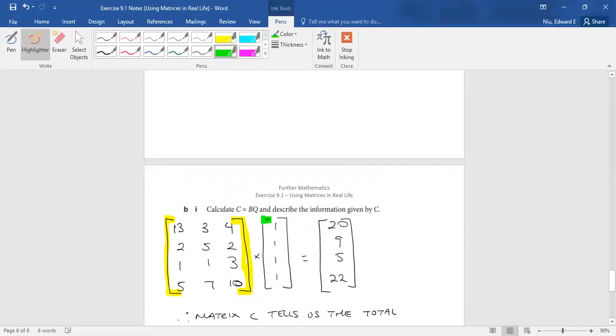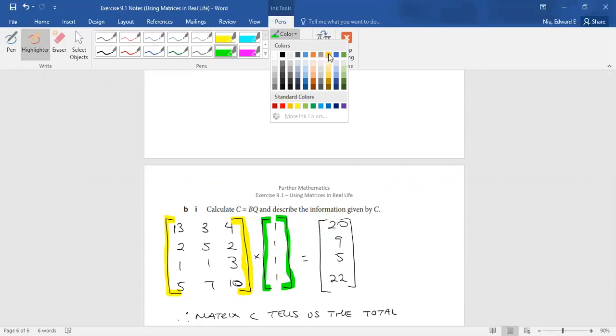We multiply these two in that exact order because remember the order matters, so it's not Q times B, it's B times Q. And what we get is matrix C. And we'll give this a new color. Matrix C can be gold.